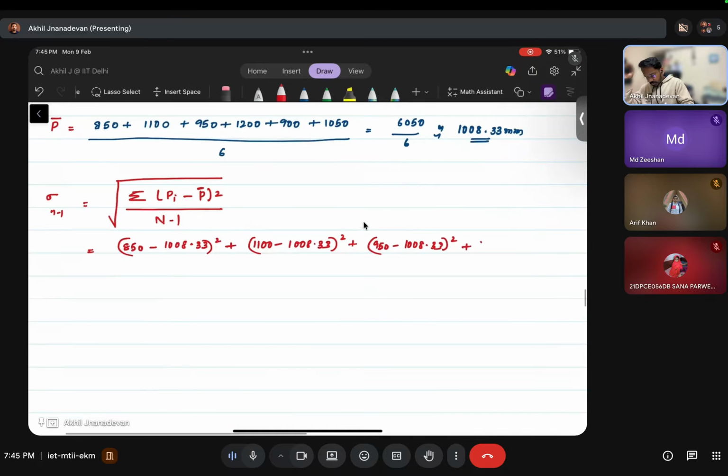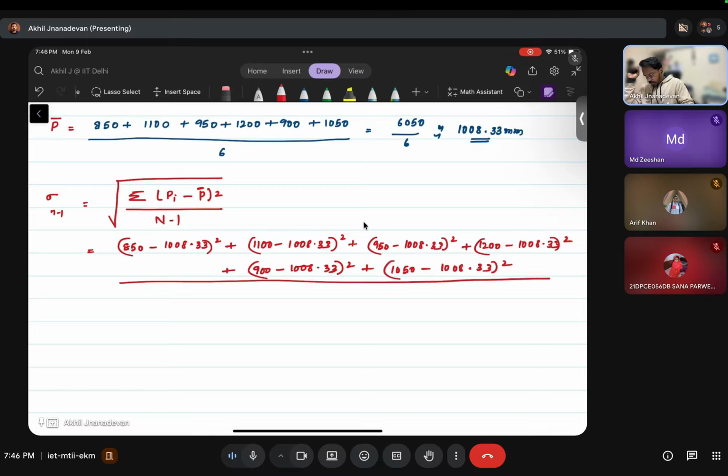Similarly, next is 1200 minus 1083.33 the whole square, plus 900 minus 1083.33 the whole square, plus 1050 minus 1003.83 the whole square. So this is the numerator term divided by n minus 1.